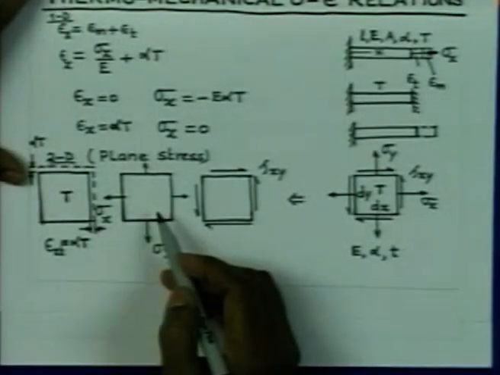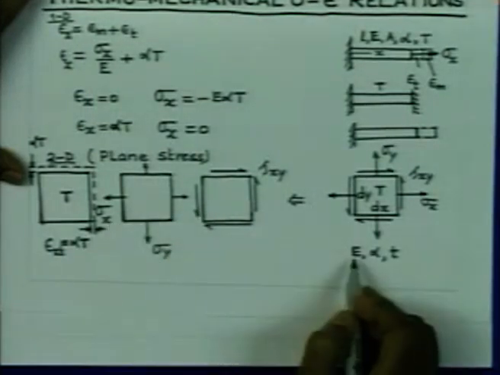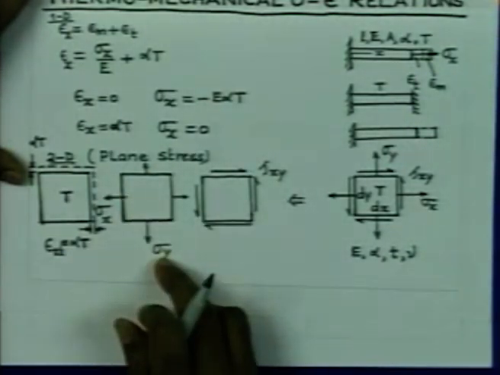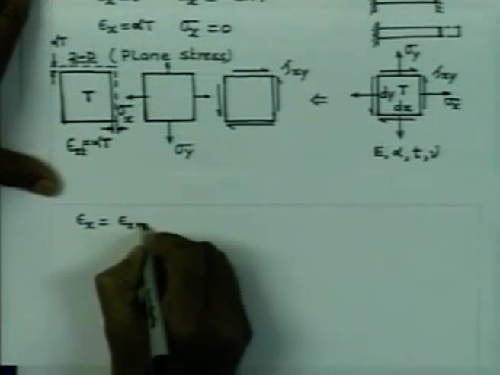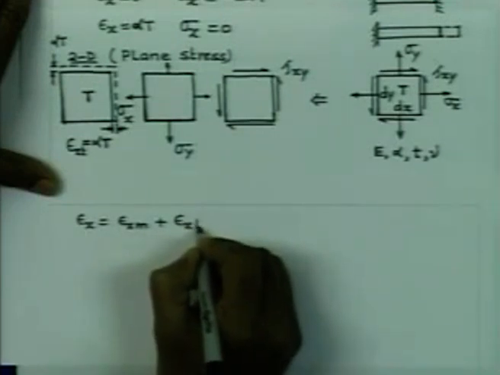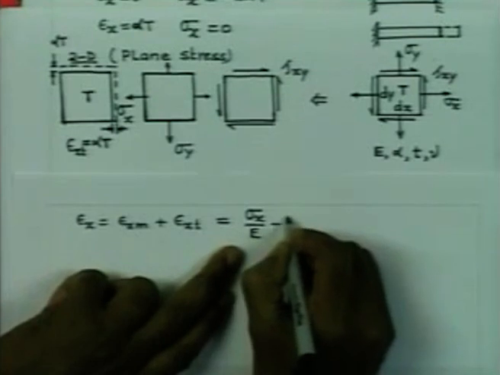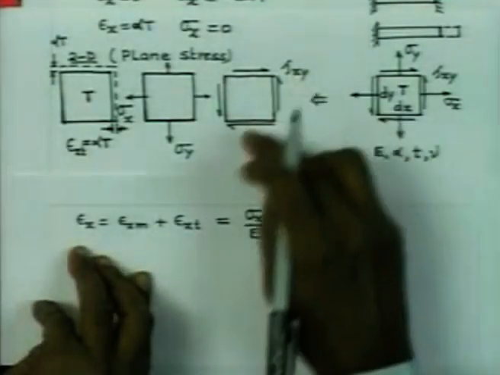And due to these two stresses in the x and y direction, we are going to get strain in the x direction to be given by sigma x by E minus nu, we will have of course the Poisson's ratio constant nu, so nu times sigma y by E. So, I can now write that the total strain epsilon x is equal to epsilon x mechanical plus epsilon x thermal, and now epsilon x mechanical is nothing but sigma x by E, which is due to sigma x, and due to sigma y we are going to get minus nu times sigma y by E, and shear stress is not going to produce any normal strain.